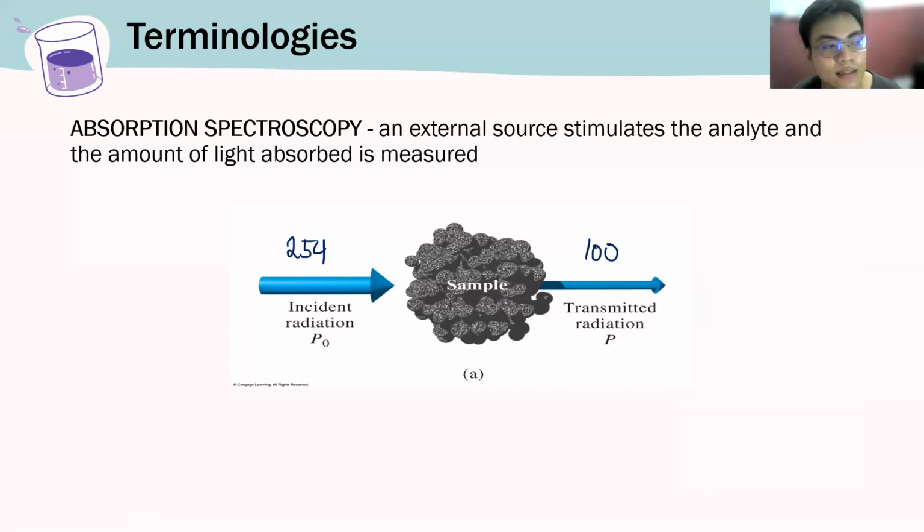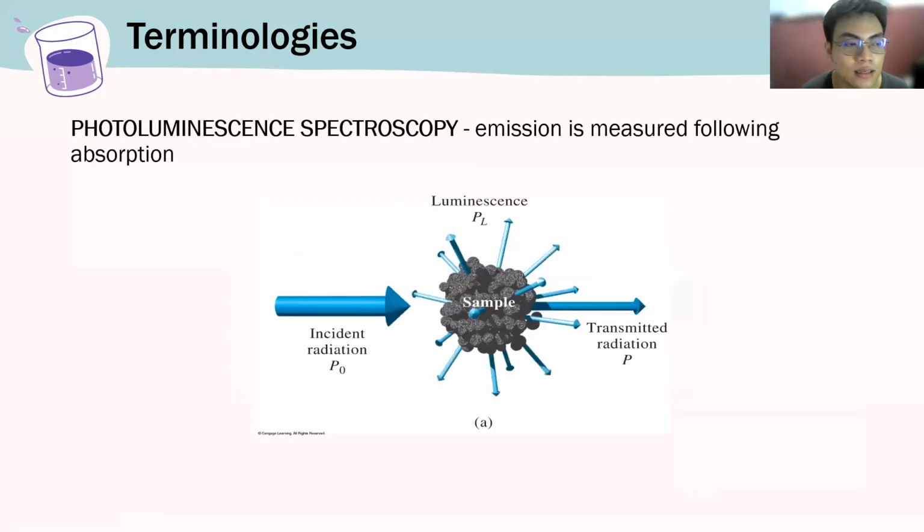So yung incident light mo, after it passes through the sample, onti na lang yung light na makukuha mo doon. And then lastly, the photoluminescence. So may mag-absorb siya ng energy and that energy absorbed gets released as well. So nag-glow siya, glowing in the dark. So that's photoluminescence spectroscopy.